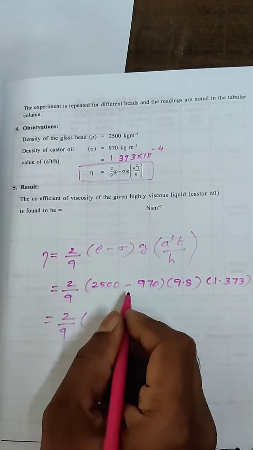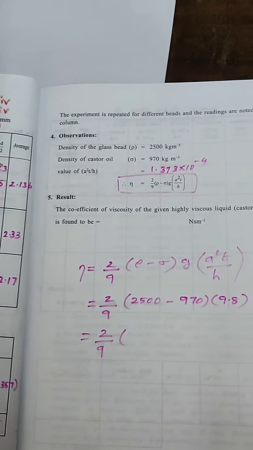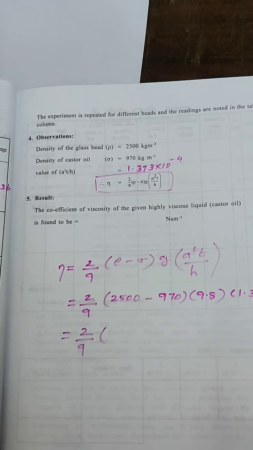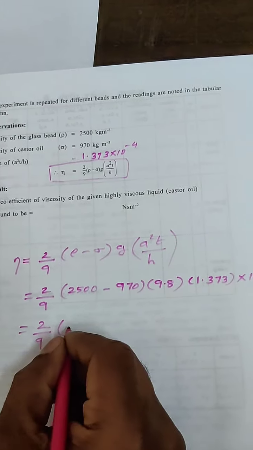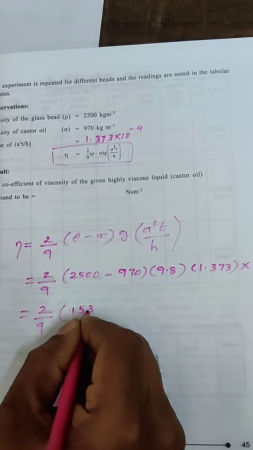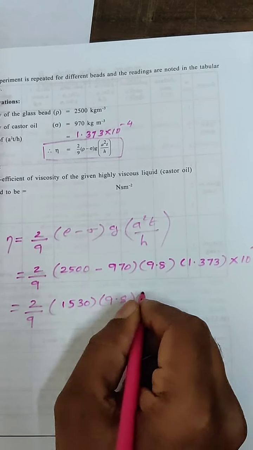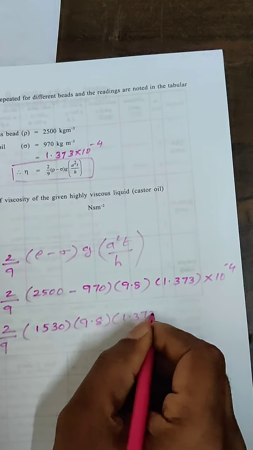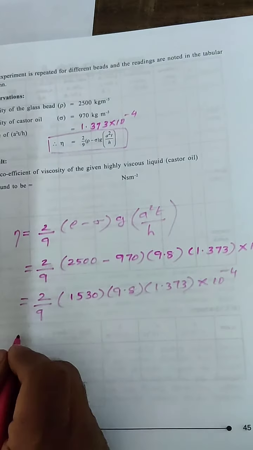The first step, 2 by 9, I am going to keep as such. Then subtract this, 2500 minus 970. We will get 1530, so 9.8, 1.373 into 10 power minus 4.